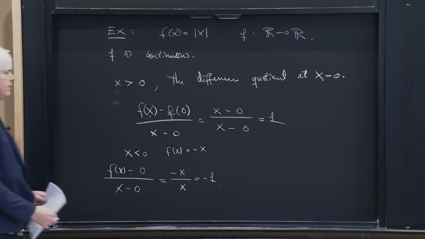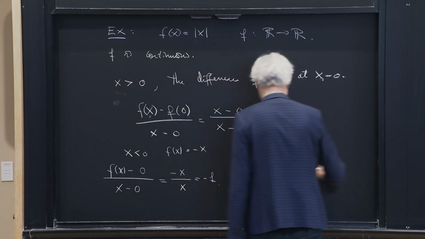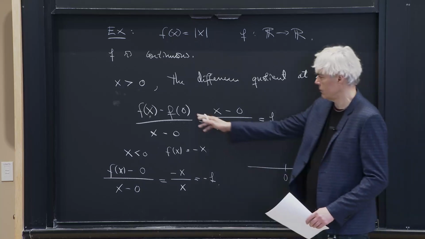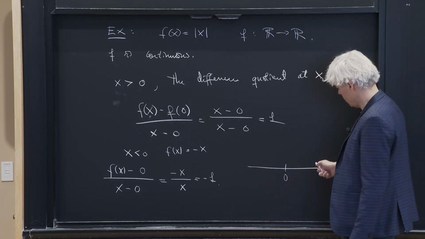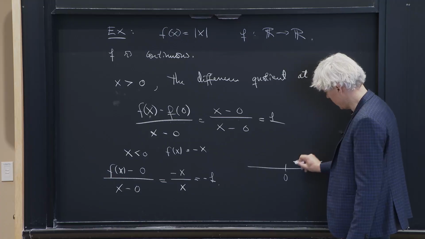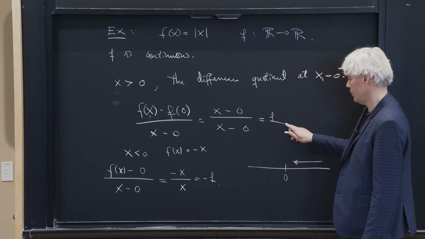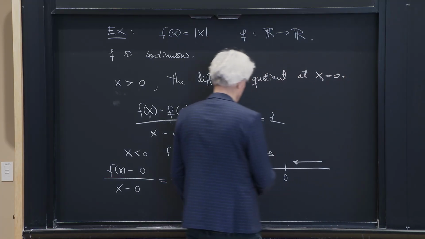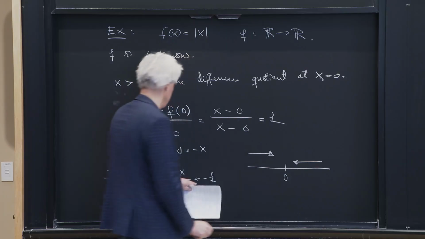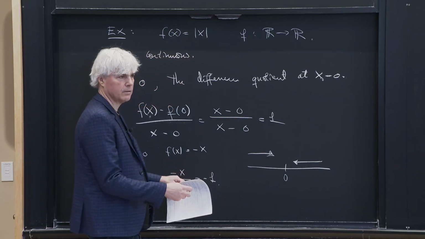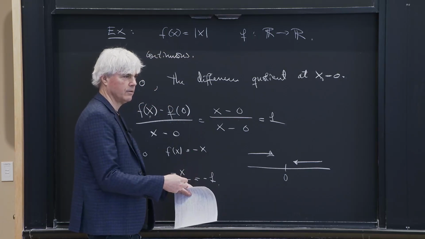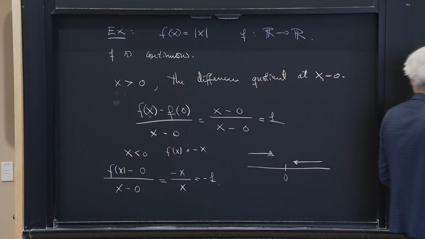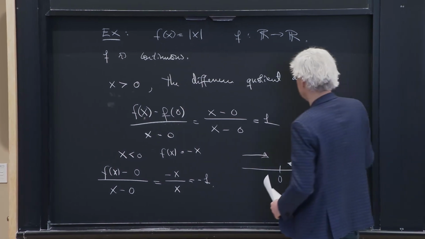So when you approach 0 from the right, the difference quotient is 1, and when you approach it from the left, the difference quotient is minus 1. So it doesn't have a limit, right? It has a limit from the right and from the left, but it doesn't have a limit if you don't restrict where it's coming from. So this function here is not differentiable.